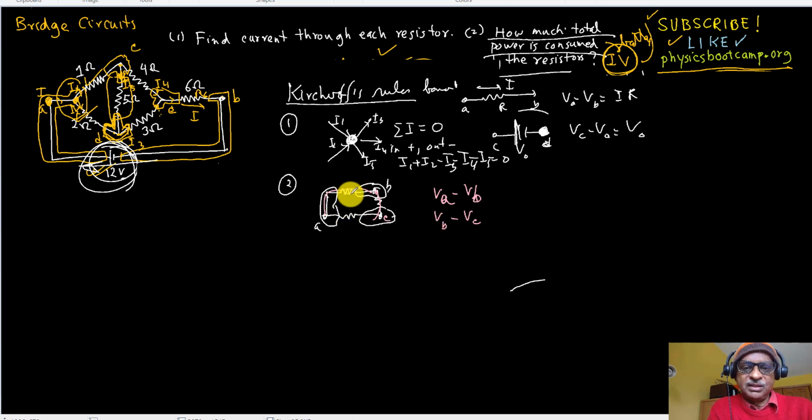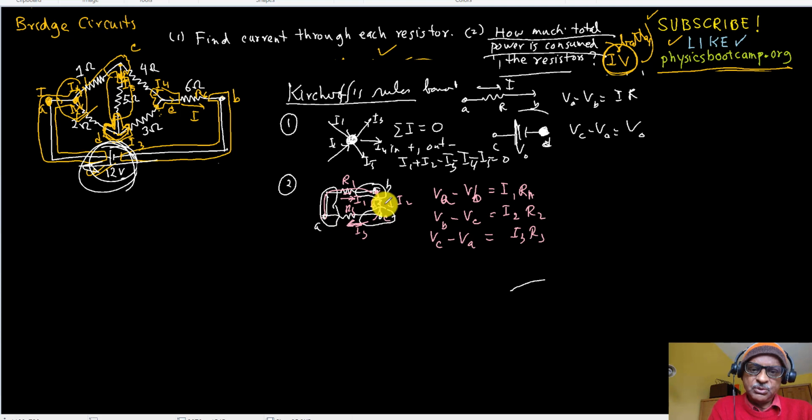So whatever there is, VA minus VB, and this current is say I1, this current is I2, this current is I3, with those directions. The voltage dropped here, VA was greater than VB, and that dropped by I1 times R1, and VB minus VC is I2 R2, and then when I go around, I'm going in the direction of the current, so I'm going to drop voltage, VC minus VA equals I3 R3.